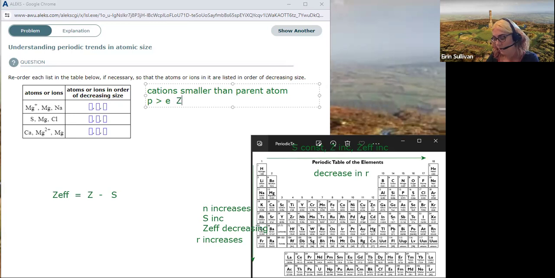So the effective nuclear charge per electron is increased. That's actually more of a reason why cations are smaller than the parent atom than just losing something and getting smaller, because obviously an electron is minuscule, right?